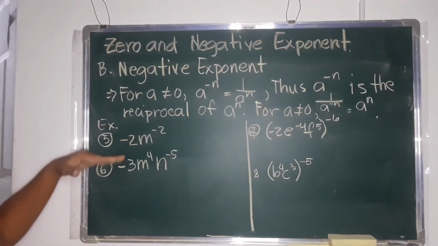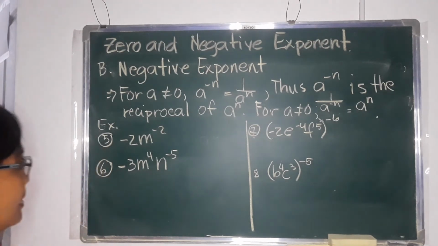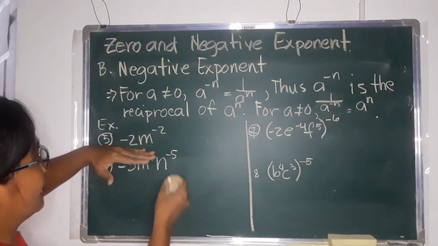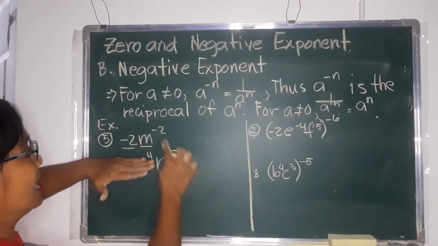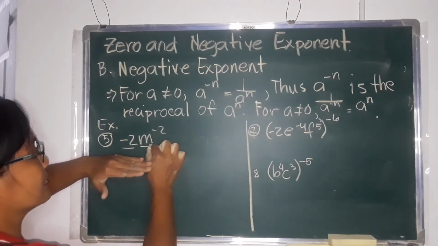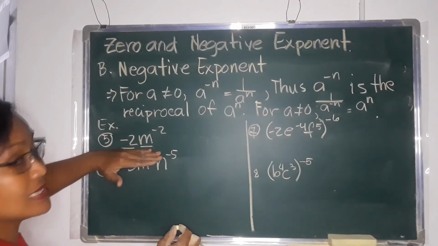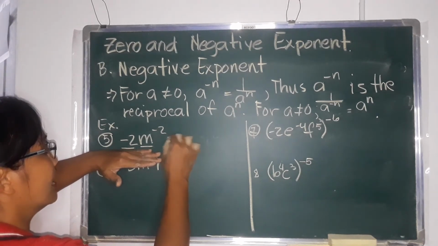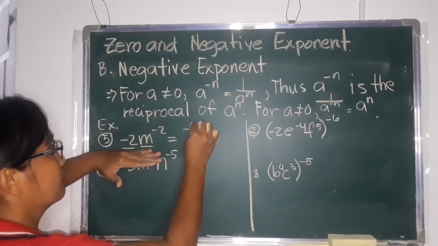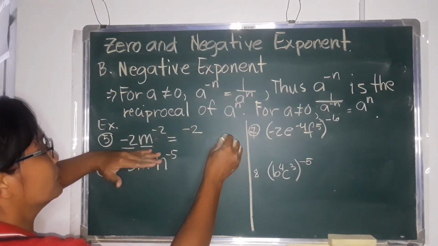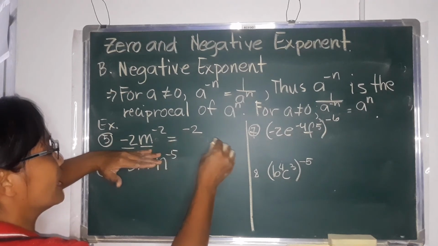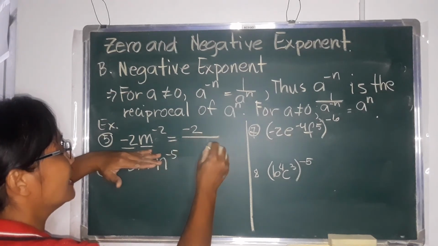For example number 5, if you notice, we have negative 2 as a base and m as a base. And the negative 2 exponent is only applicable to the base m. So copy negative 2. Next, m raised to negative 2 is on the numerator, so let's move it to the denominator.